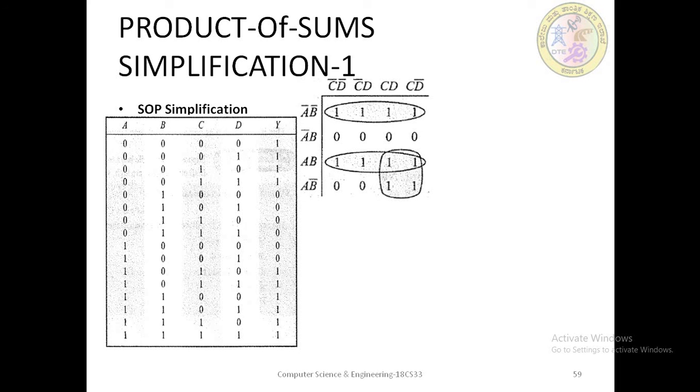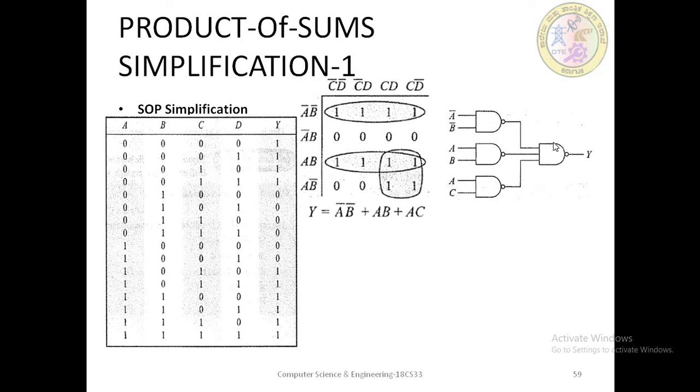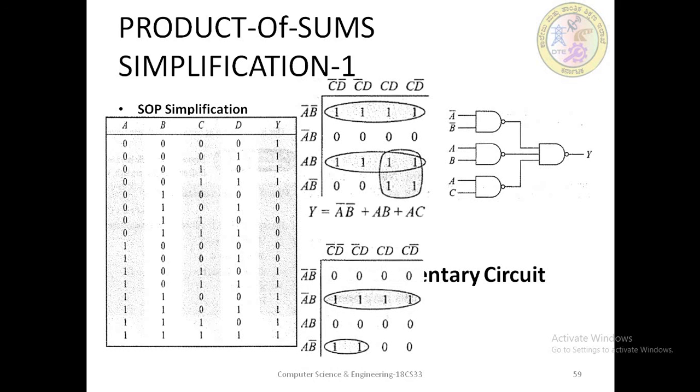This is how we do it, the sum of products applications. This one we should get at the end. This is how we implement the circuit, the complementary circuit. Yes, it's a complementary circuit and we represent it, and now we get one more circuit here.